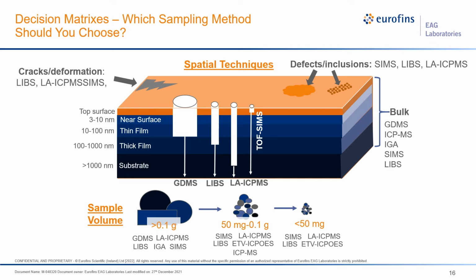Also shown to the right are techniques capable of characterizing the entire average bulk composition of a sample from surface downwards. And at the bottom, we have a simple guide showing which techniques are best suited for small quantities of sampled material, namely SIMS, laser ablation ICP-MS, LIBS, and ETV ICP-OES.